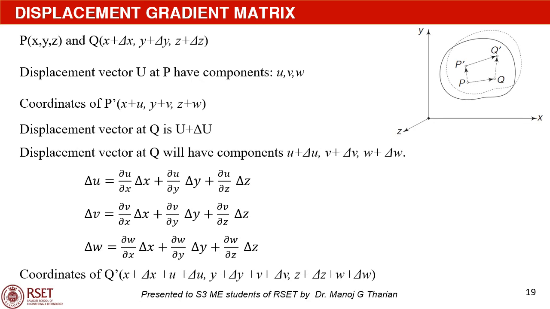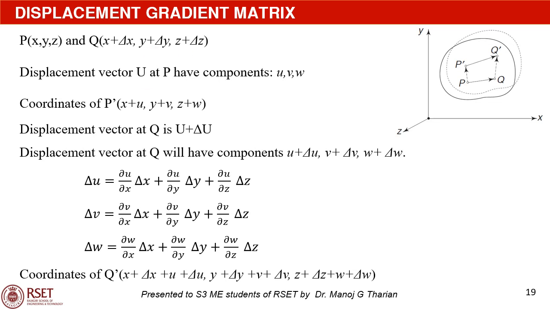Here I will introduce you to the concept of displacement gradient matrix. Consider a point P whose coordinates are x, y, z in a body. Consider a small region surrounding the point P, and Q be a point adjacent to P whose coordinates are x plus delta x, y plus delta y, and z plus delta z.